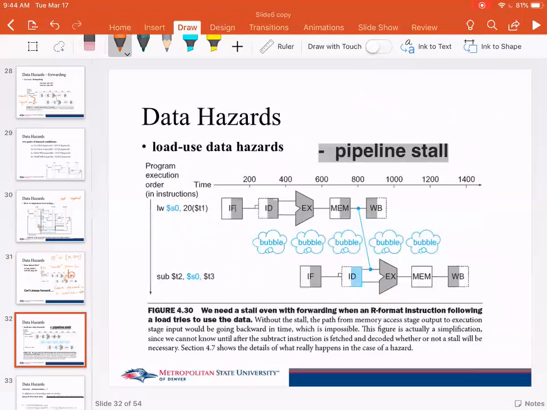So what could we do? Well, that means I have to wait a little bit. And we call this a pipeline stall. So we have to wait a little bit until we can take the data out from the memory. And then if the data is ready by 800 PS, then I can move it to the input after 800 PS, right?